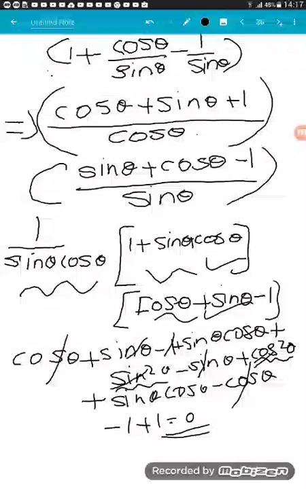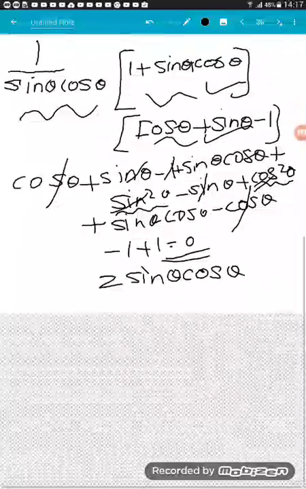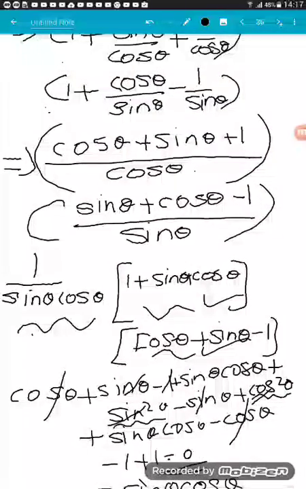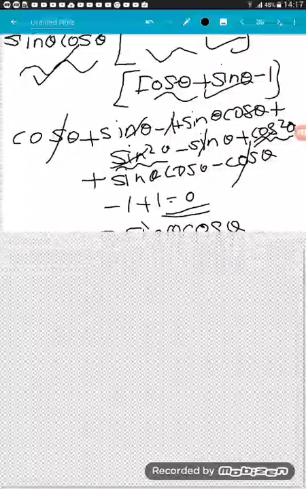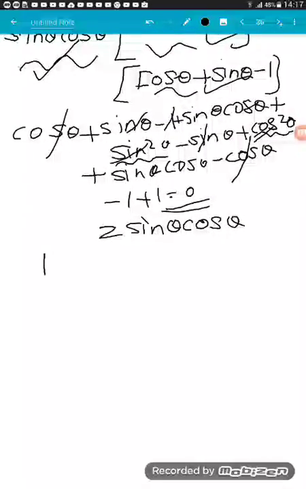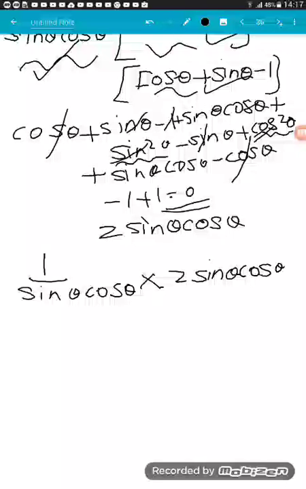Now remaining is 2 sin theta cos theta, and if we look at the top thing, we have left this, so if we solve, it will become 1 by sin theta cos theta into 2 sin theta cos theta. Sin theta cos theta cancel, so 2 is the answer.